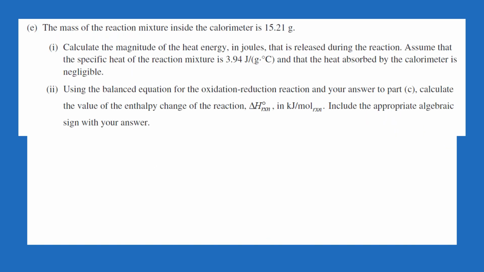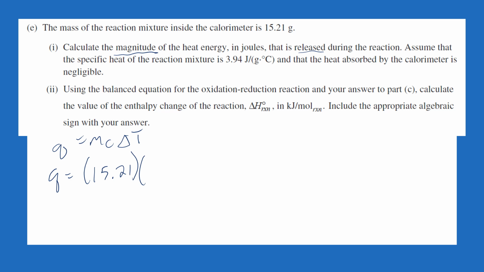Okay, so the mass of the reaction mixture in the calorimeter is 15.21 grams. Calculate the magnitude of the heat energy in joules that is released. Notice it says magnitude, so you don't need to worry about the sign, but it does say it's released, so we know it's exothermic. And then they give us the specific heat. So we need to use Q equals mC delta T. The mass of the mixture is 15.21.